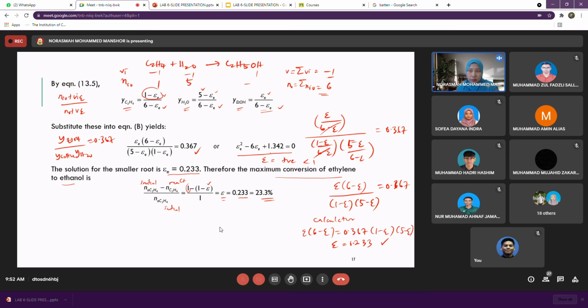Value epsilon tu kena 0 to 1. So ambil yang small root. Okey ke? Okey. Okay, you boleh buat cara ni yang polinomial ni ataupun you tekan calculator guna ni. Susun dulu and then you find unknown epsilon ni lah.